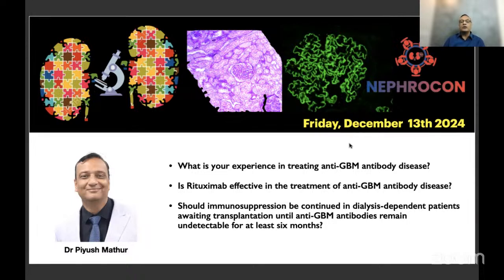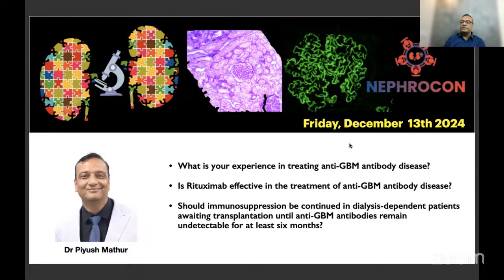However, I have not lost any patient due to anti-GBM disease. So I think if we treat these patients well in time, patient survival is okay with this disease. Literature also mentions that patient survival is around 80 to 100% at 1 year.